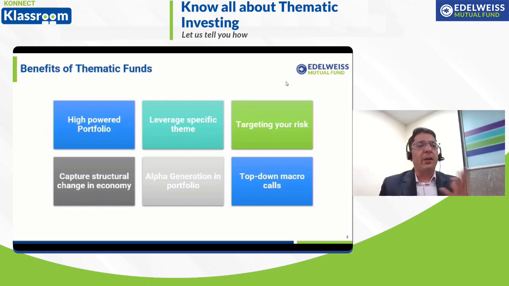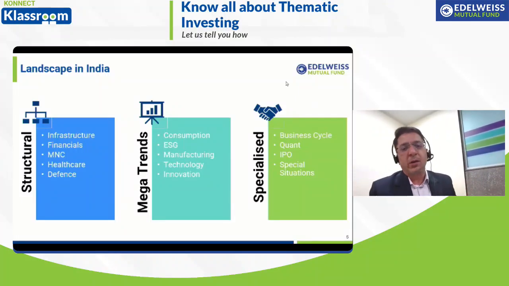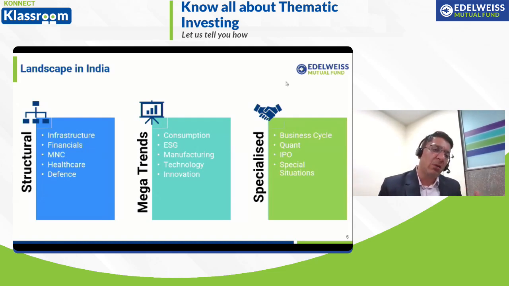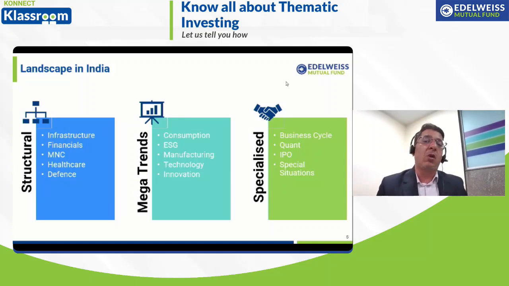What is happening in India? When we talk of India, I briefly spoke about some parts around it, but if you look at structurals, like I said, infrastructure, financial, healthcare, defense, MNCs, they are all structural themes. In terms of mega trends, you have manufacturing, technology, innovation, consumption, ESGs. And then you also have specialized: business cycle schemes, quant-based schemes, special situation schemes, IPO schemes, various different schemes.